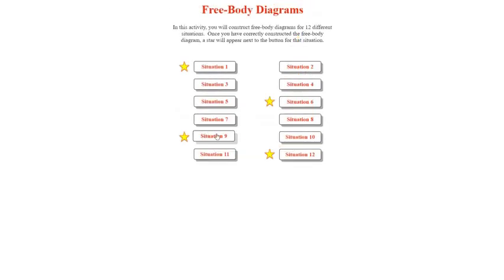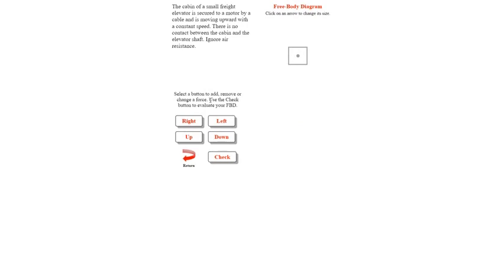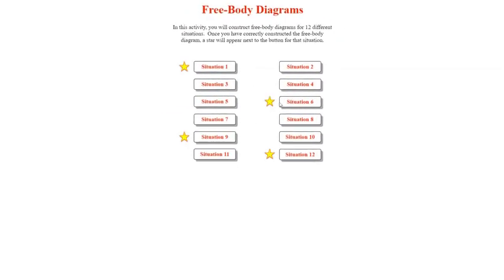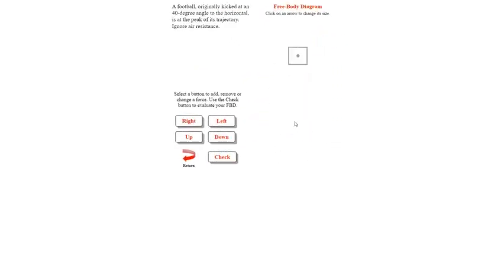Good. Now I'm going to look for a specific one here, I think. Constant speed, this is just like the air. Oh, this is a good one. A football originally kicked at a 40-degree angle to the horizontal is at the peak of its trajectory. We're going to ignore air resistance, okay? So we do have a downward force.